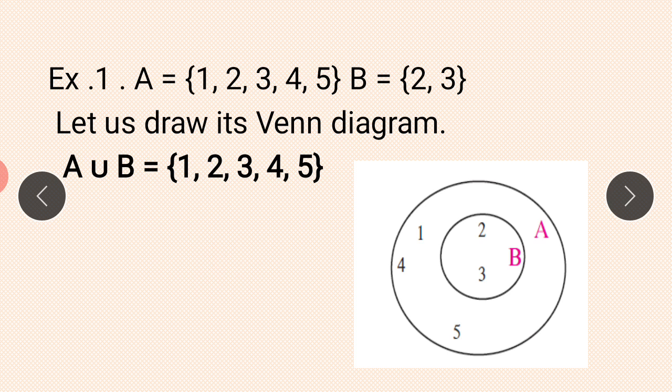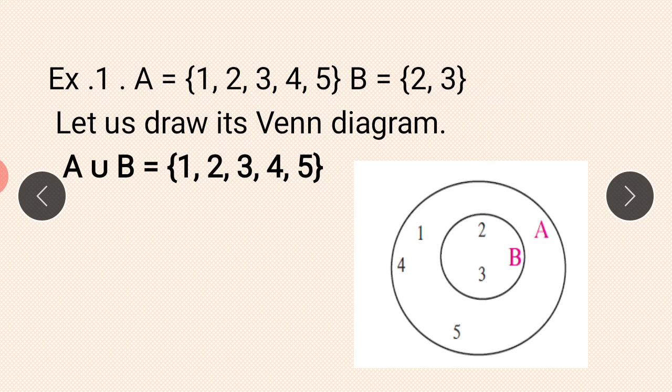See here one example. A is equal to curly bracket 1, 2, 3, 4, 5 curly bracket complete. Set B is equal to curly bracket 2, 3. Two sets are given. Write down the union of these two sets, means A union B. Which elements are there?